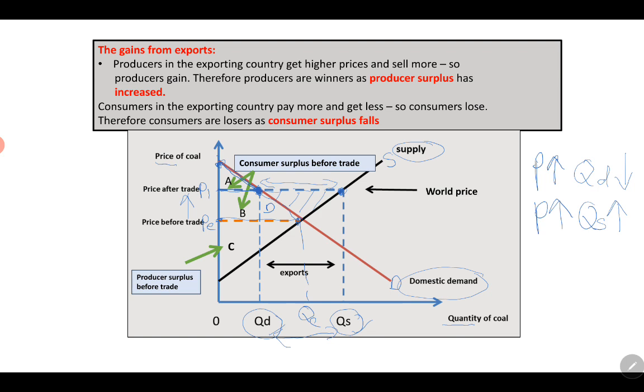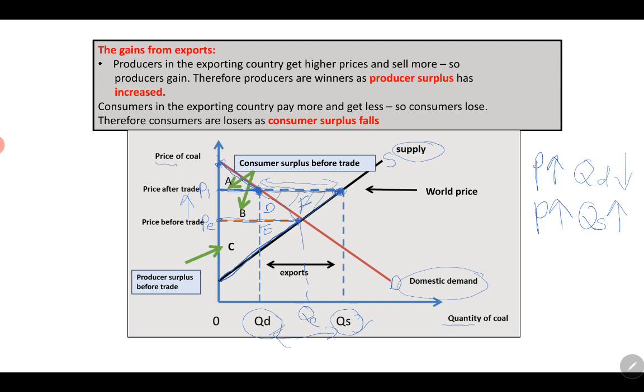What about producer surplus? Earlier, the triangle below your PE is your producer surplus. Now price has increased to P1, so this is where it touches your supply. Now the area of your producer surplus has increased. Let's put an alphabet here for ease.